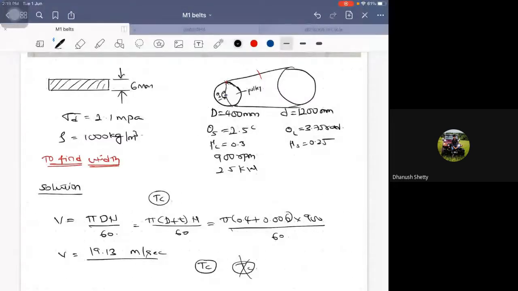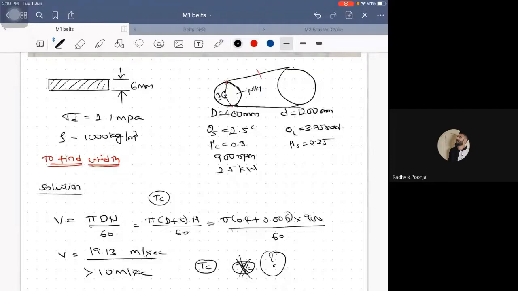Yes, Amir is asking neglect. Why do we need to neglect, Radvik? Yes, so this value, whatever we have obtained, is greater than 10 meters per second.